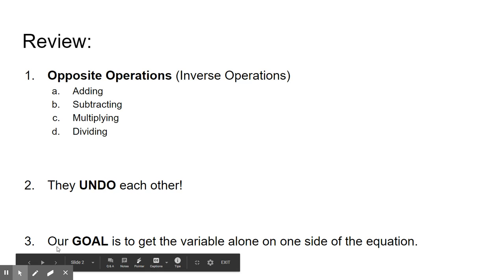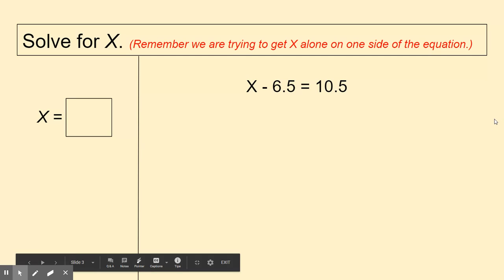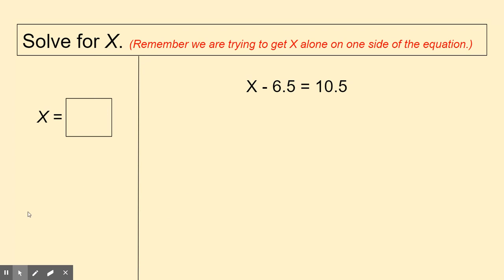So when you do the opposite operation, they undo each other. And our main goal for these one-step equations is to get the variable, which is x, alone on one side of the equation. So we want to know what x will equal. So our first problem says we are going to be solving for x.